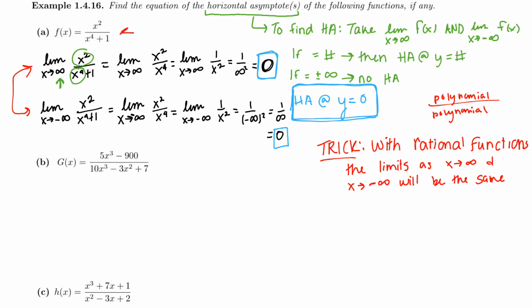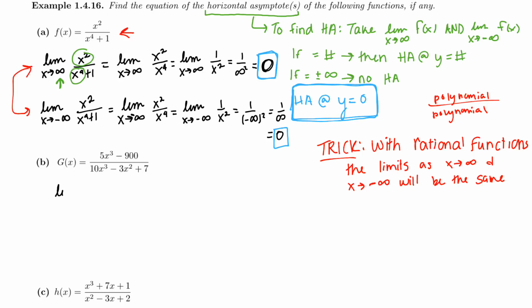So this right here is a rational function because you have a polynomial on top, a polynomial on bottom, polynomial on top, polynomial on bottom, polynomial on top, polynomial on bottom. So these three are all rational functions. So when I'm doing this, I can make my work a little bit quicker.